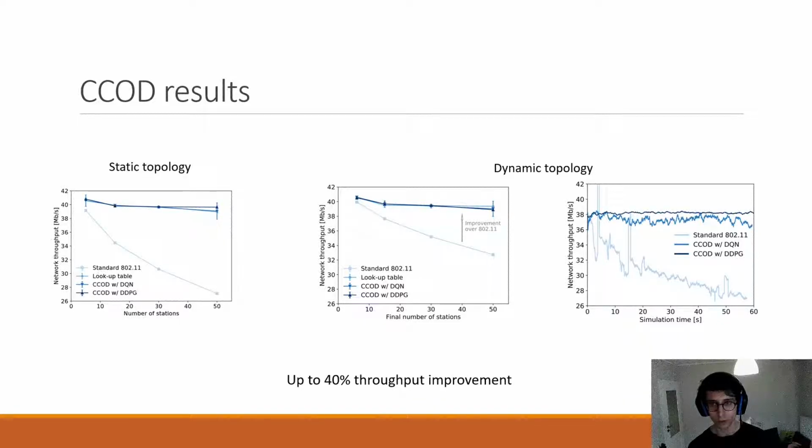In the dynamic topology, in which new stations were joining every second, while the throughput of the standard 802.11 was going down with every new device, the CCOD was able to maintain the same throughput even though the number of stations was increasing.